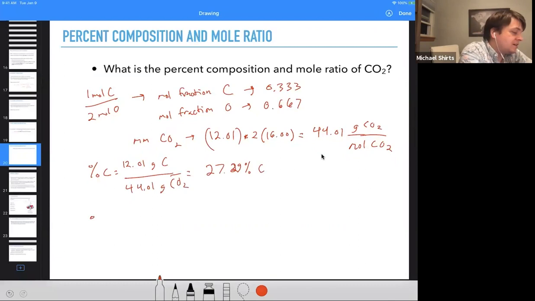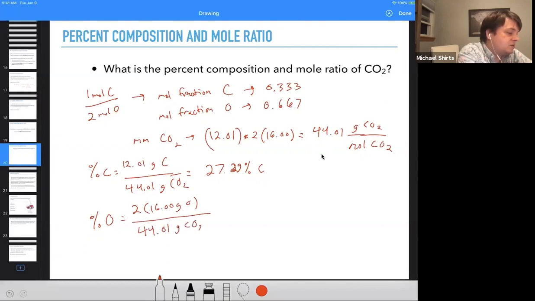Okay, the percent oxygen is going to be, well, how much oxygen is there in 1 mole of CO2? There are 2 moles of oxygen per mole of CO2, so it'd be 2 times 16.00 grams oxygen, and the total amount is 44.01 grams of CO2, and so that gives us 72.71% O. So if we look at a mole fraction percent, oxygen is 2/3.